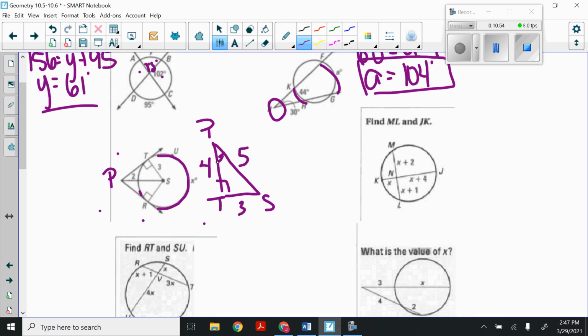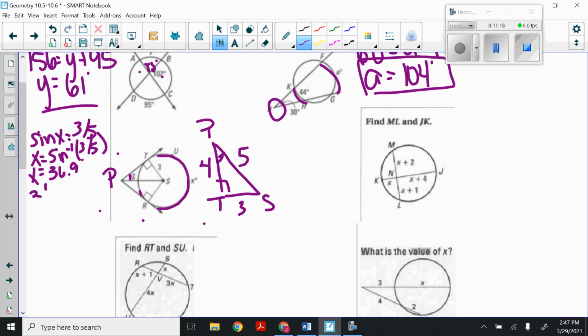So I can say that the sine of X is equal to 3/5. Use my inverse sine function. So this one is using lots of things that we've done before to find that that angle is 36.9 degrees. But that's only half of that.